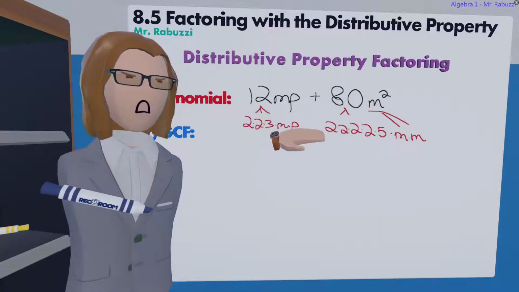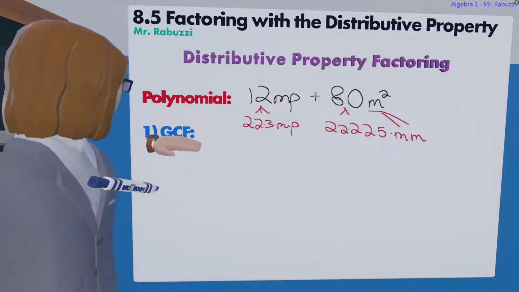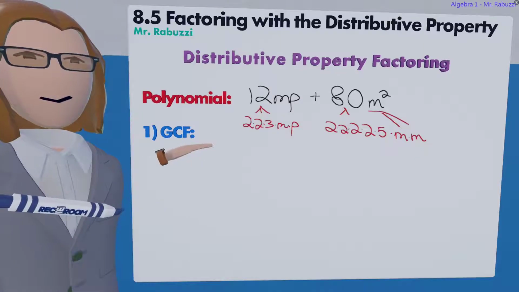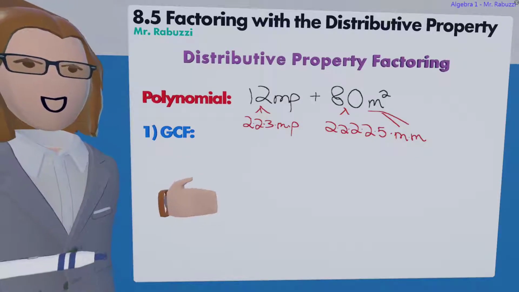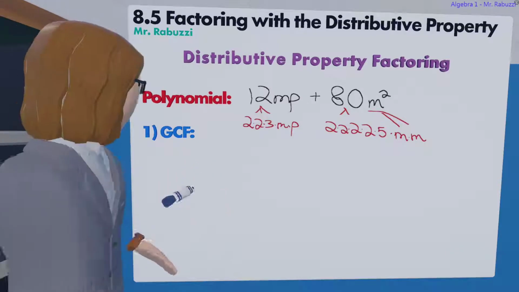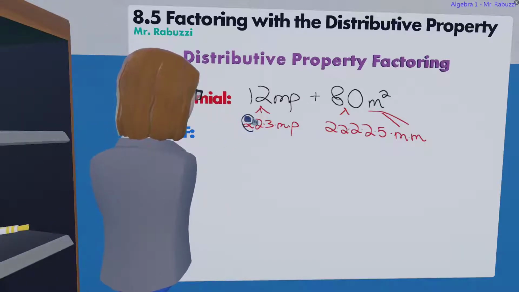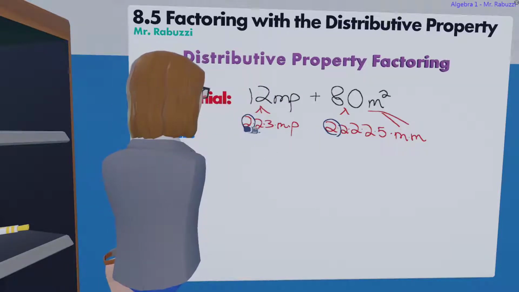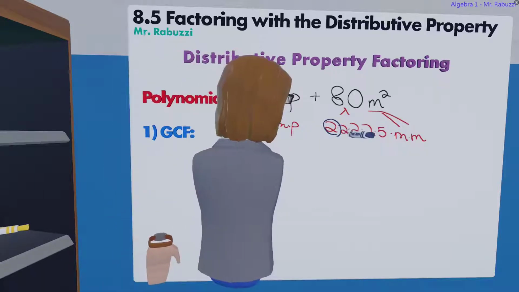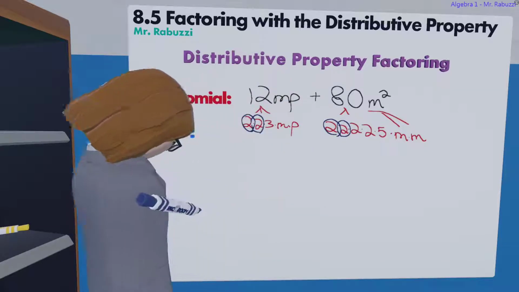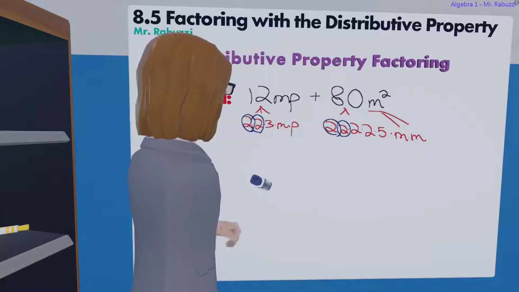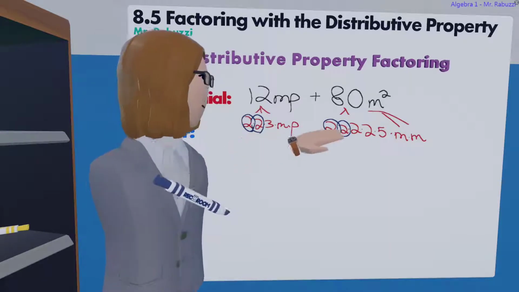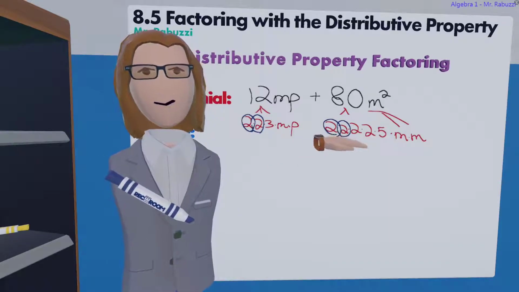So now that we have these factored, we need to find the GCF. What factors do they share between them? Well, we have a 2 and a 2, so that's the same. We have another 2 and another 2, that's the same. We have a 3, but we don't have a matching 3, so we can't circle it.